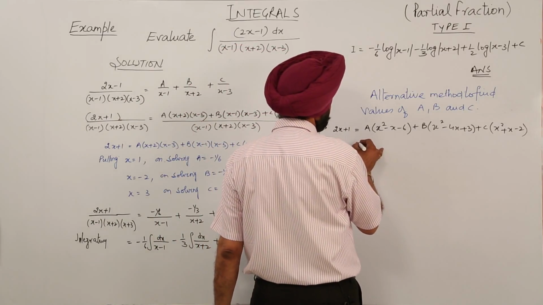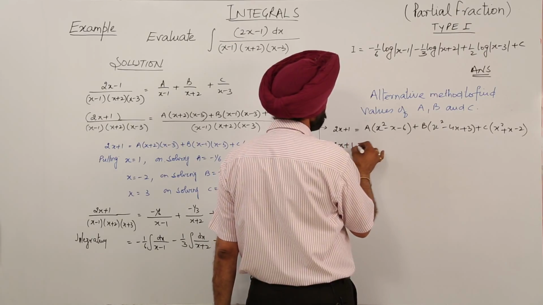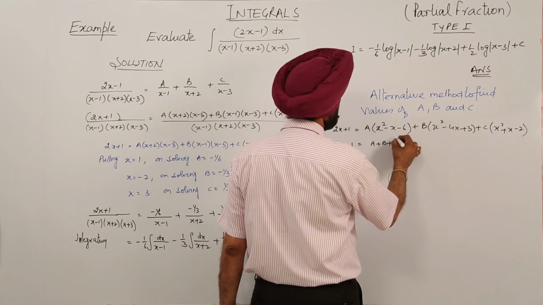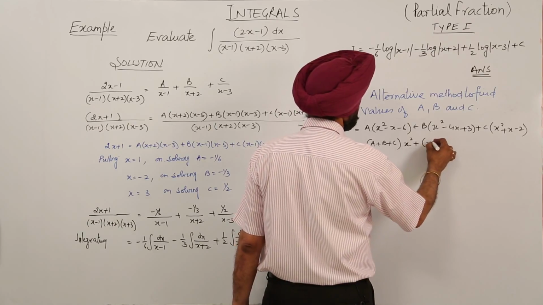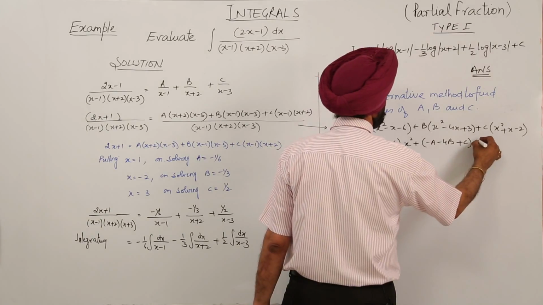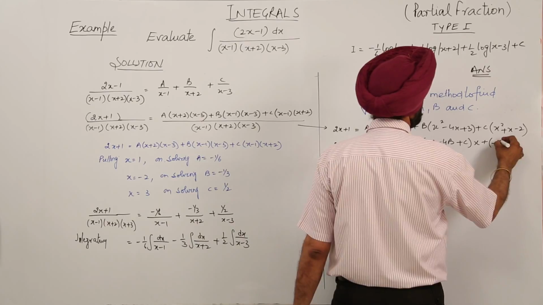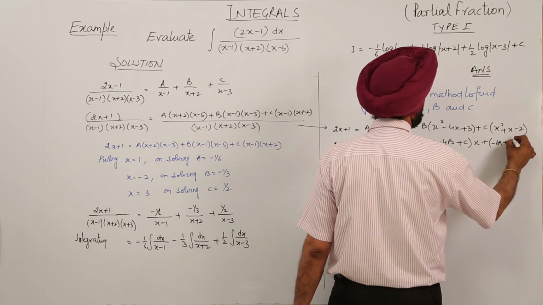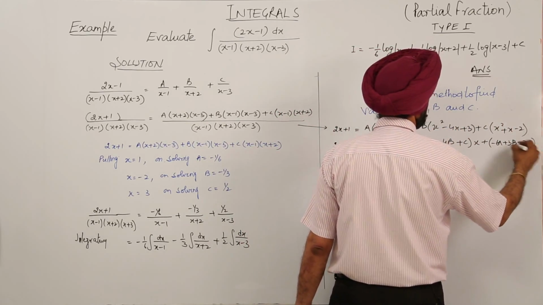Now opening the brackets and writing in the coefficient form, what we are getting: 2x plus 1 is equal to (A plus B plus C) x square plus (minus A minus 4B plus C) x plus (minus 6A plus 3B minus 2C), this one.